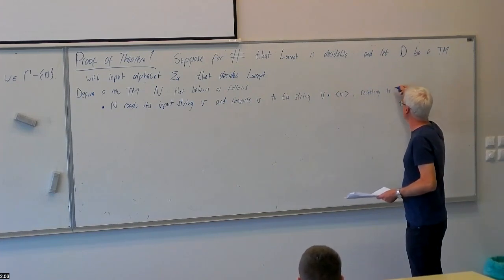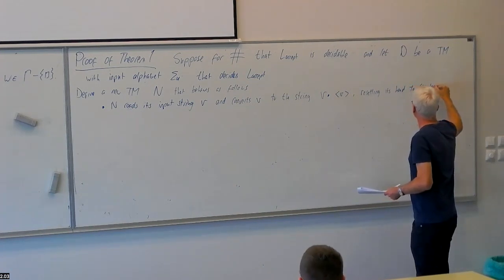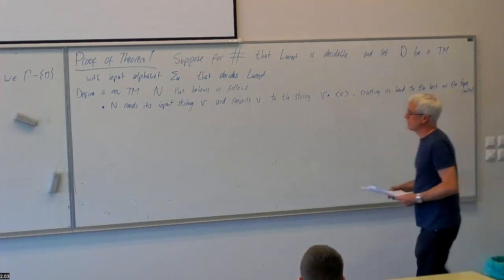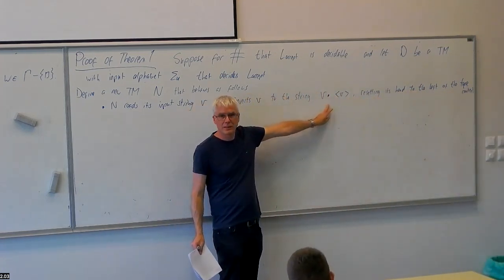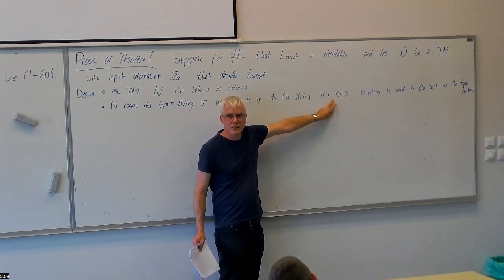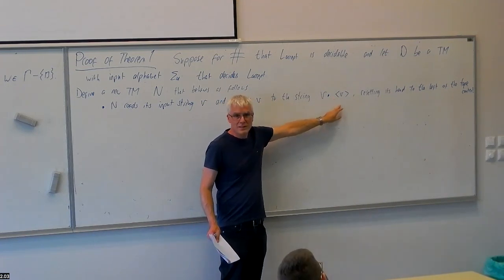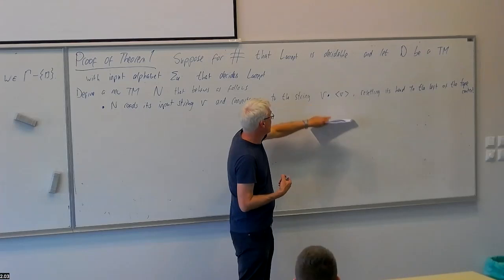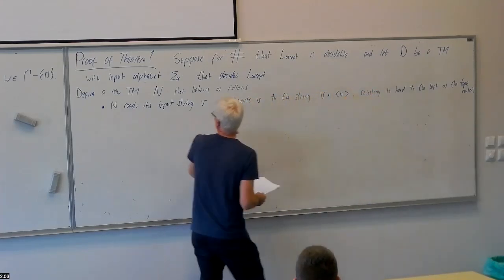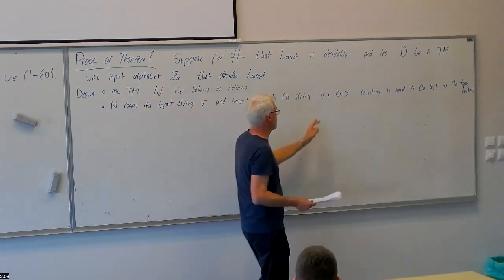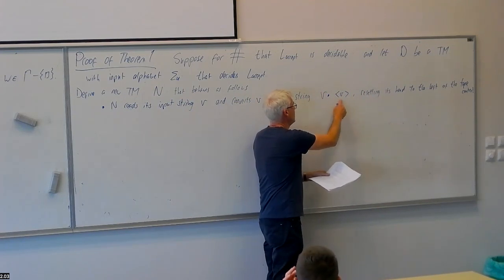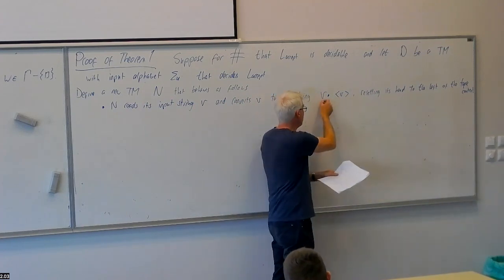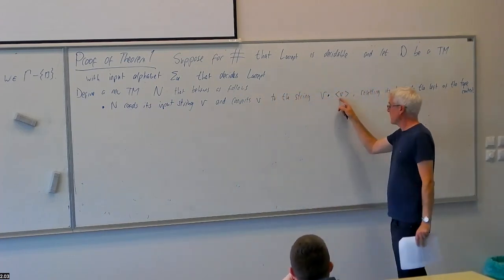Resetting its head to the left of the tape content, it reads V, keeps V on the tape, follows V by a bullet, and then adds a new string over the same universal alphabet, which is our encoding of V. Remember we're encoding the whole tape alphabet of D, so in particular we're encoding Sigma-U, because that's the input alphabet of D. So it's basically going to replace V by the sequence of encoded symbols from V. That's clearly something a Turing machine can do. It's easy to read the symbols and replace them by the encoded symbols, separated by bullets.